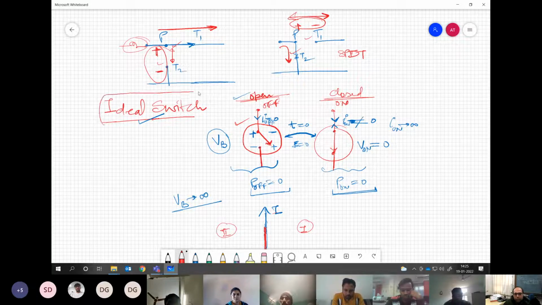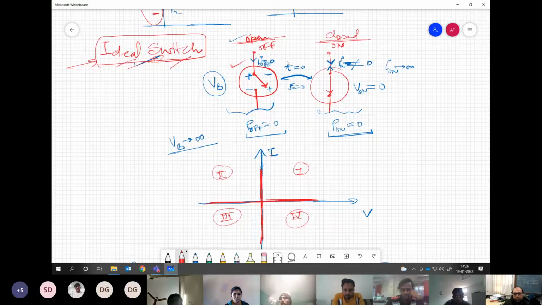Now, before going to that, we had seen some characteristics of the ideal switch, which means what is basically the ideal characteristic that should be expected from the switch. Whether the actual switch fulfills this characteristic partially or not, we will see later. But first, what we should have as expectation from the switch, that we have seen.